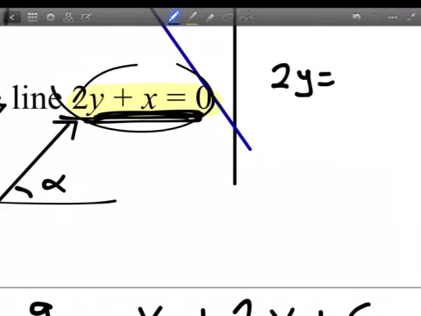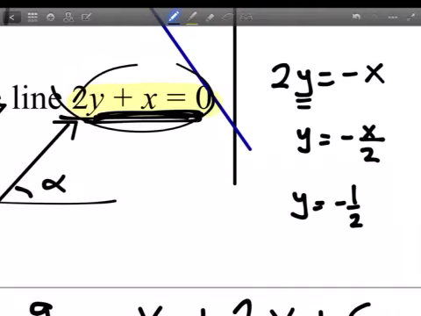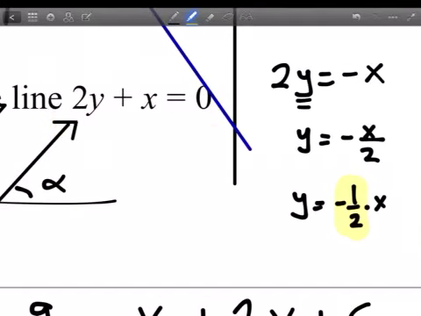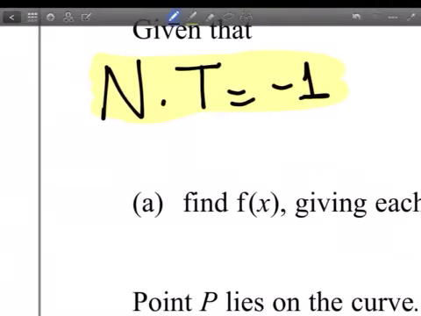Just leave y and find the coefficient of x. We have y equals minus x over 2, and we can write this as -1 over 2 times x. That is the slope of the line 2y plus x. So we can say that the normal slope is -1 over 2. Then the tangent slope should be 2, because the multiplication of these two is -1.